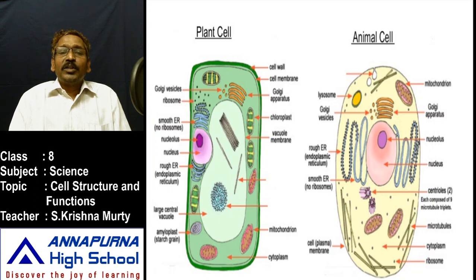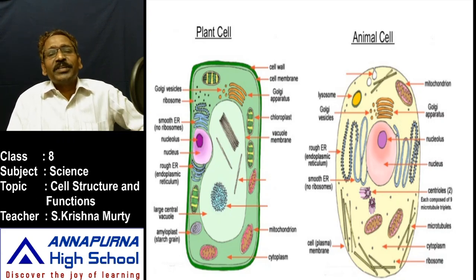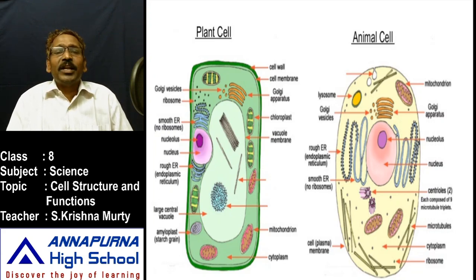Between the nuclear envelope and the inner portion of the plasma membrane, what is there? The cytoplasm is there. A few seconds back I told you the cytoplasm lies between the nucleus and the plasma membrane. So what is the outer membrane of the nucleus?